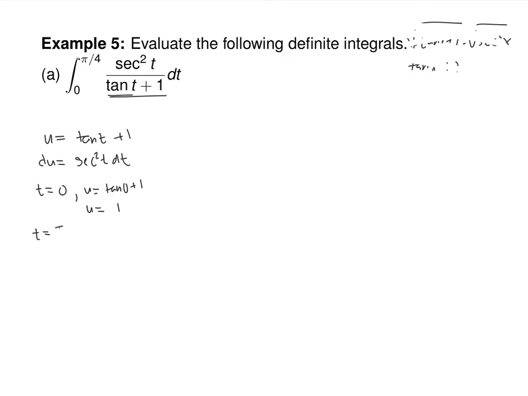And if t is pi quarters, u is equal to tangent of pi quarters plus 1, which is 2. So this becomes the integral from 1 to 2 of 1 over u du now.